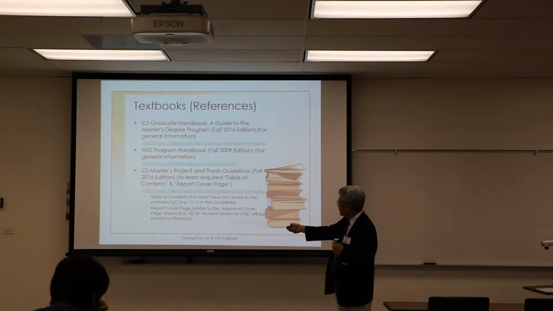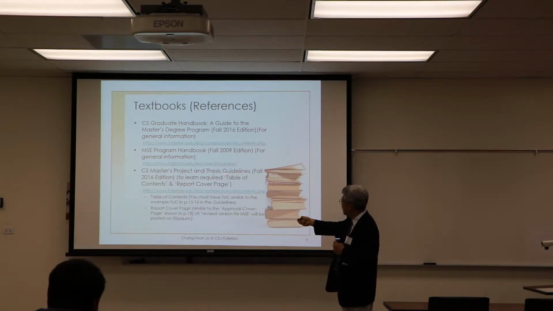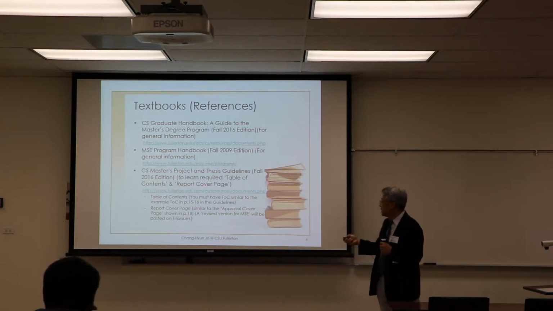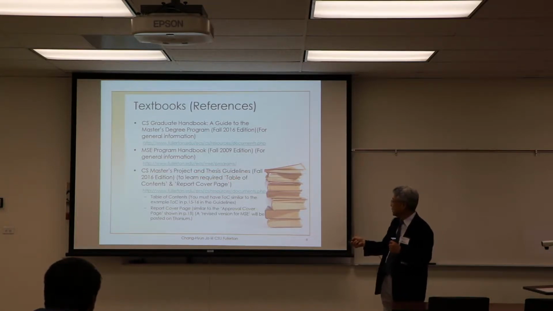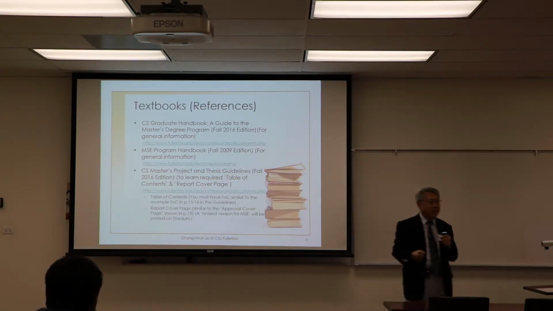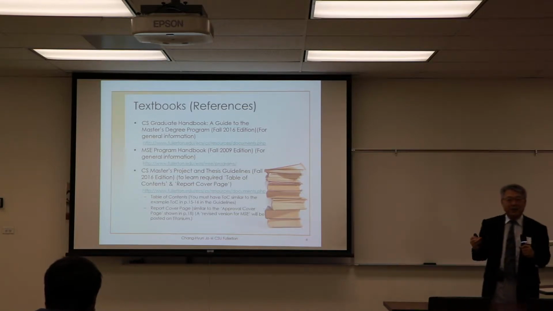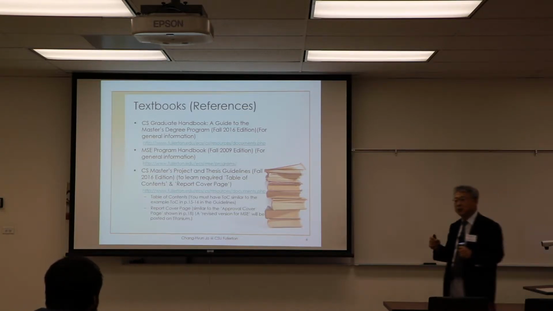And the third one you should read is the Computer Science Master's Project and Thesis Guideline. Especially here, you have to know the table of contents and the report cover page. So formality is very important to do the project.